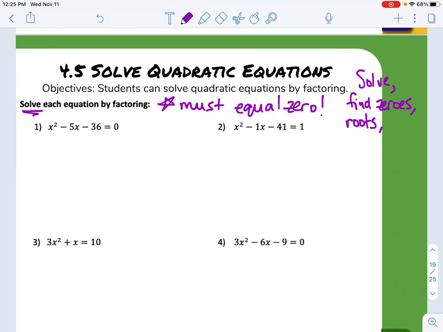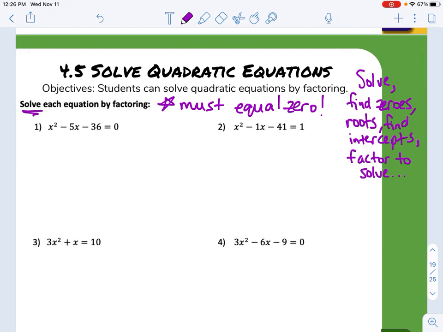It might say find intercepts. Or even factor to solve. Okay? So these are all possible ways to say the same thing that we are going to do here.